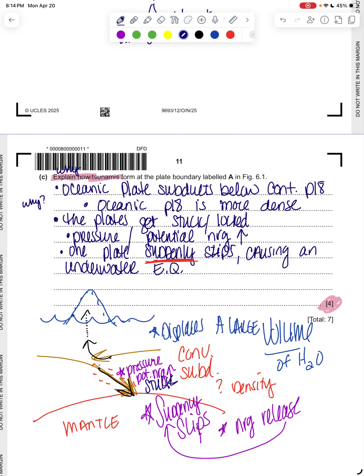So all of these right here is the earthquake, the underwater earthquake. But to get the tsunami, you need to do the earthquake first. A large amount of energy. I'm going to say suddenly again to be safe. Is suddenly released.